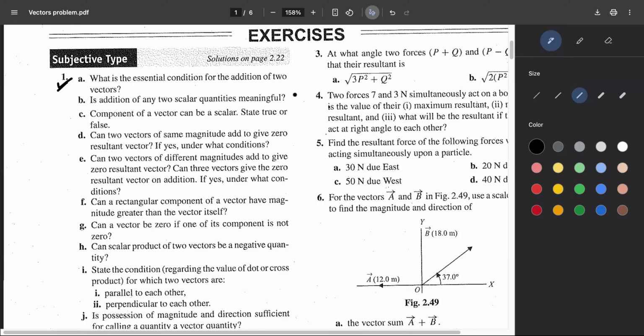Okay, is addition of two scalar quantities meaningful? No, actually, every time it is not a meaningful thing. Adding a mass of 1000 kg to another mass of 100 kg gives me 1100 kg.